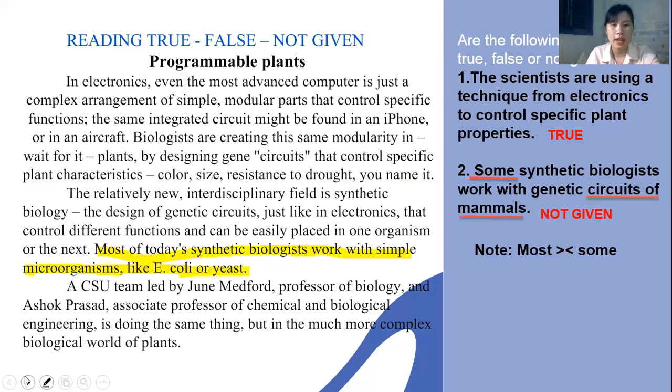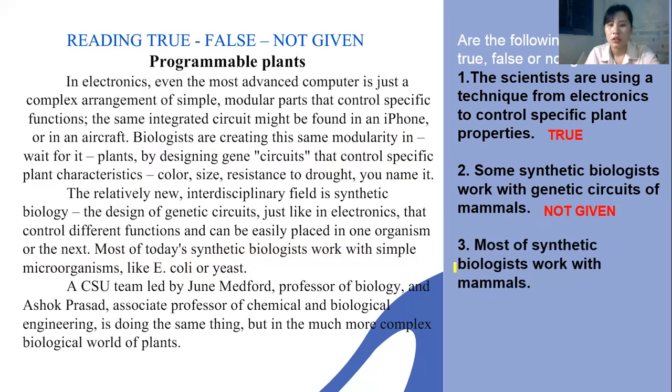So the next is statement number 3: Most synthetic biology works with mammals. You can see "most of today's synthetic biologists work with simple microorganisms like E. coli or yeast."